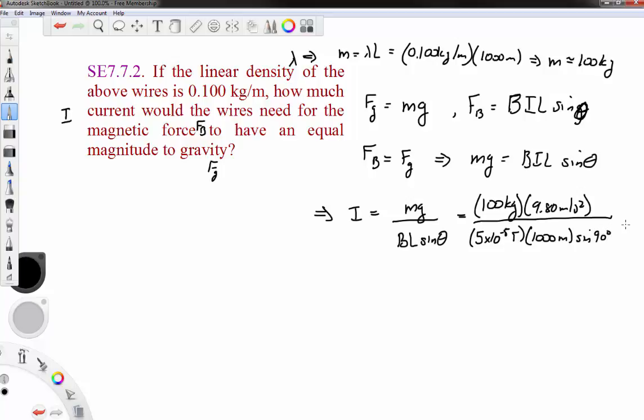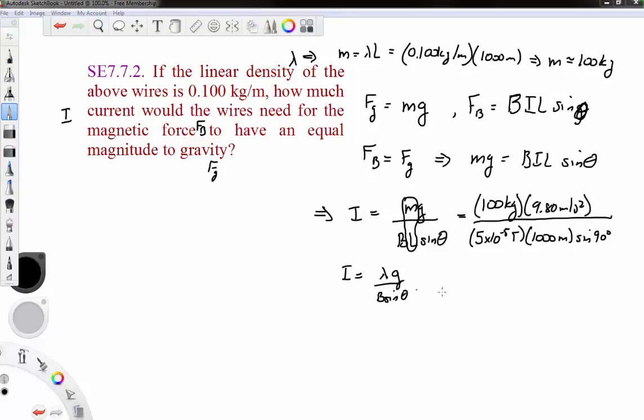By the way, it's worth noting here that I actually have an m over L, so I could have just as easily written this as lambda times g over B times sine of theta. Let's go ahead and plug these numbers in because we're going to get our answer at this point.